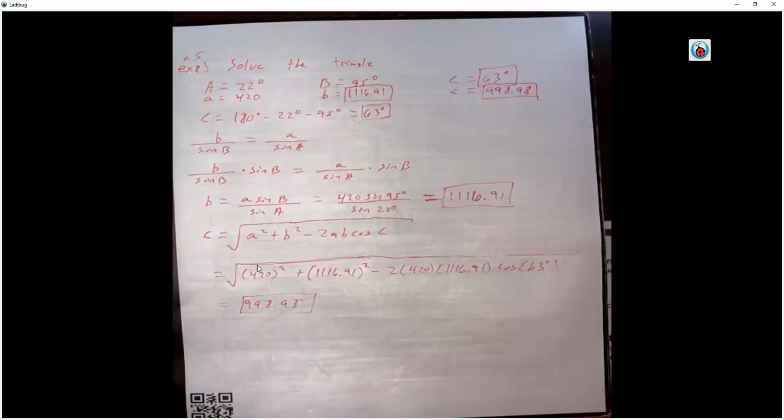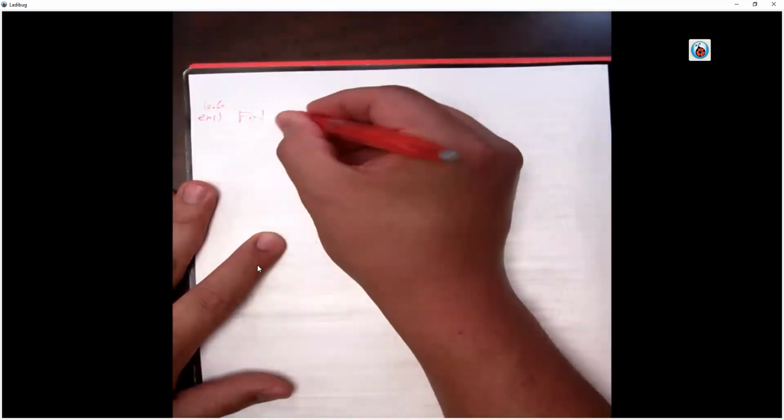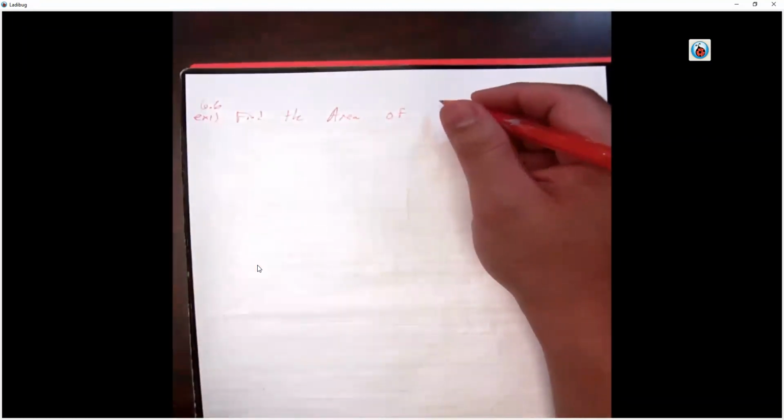So as soon as you finish solving a triangle in the exam like this, probably the next question or the question after, I'm going to say, okay, what's the area of that triangle in problem 8 or something? Okay, so that's basically 6. Find the area of the previous problem.